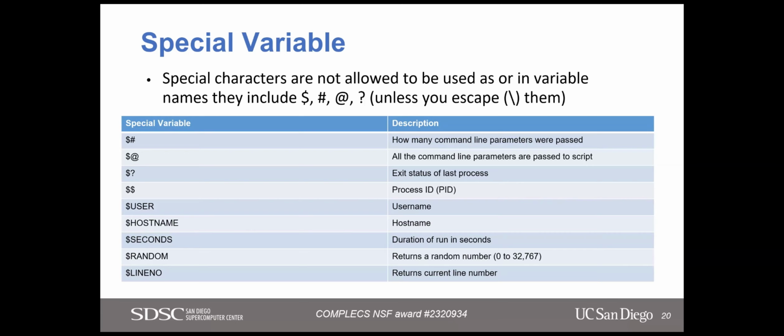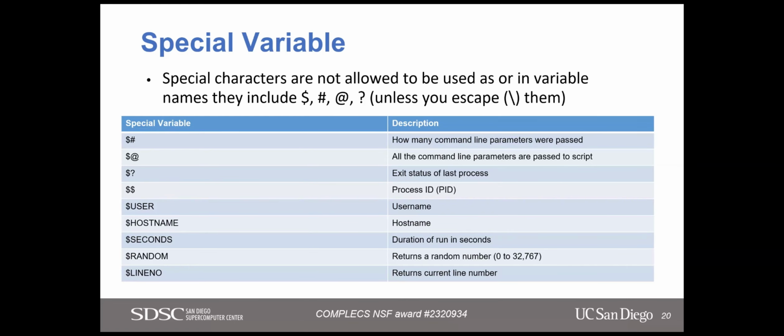This can be very helpful. The $@ will give you all the actual parameters that were passed to the script. So not only do you know how many were passed, but what exactly was passed. And the $? is the exit status of the last process. Again, a little bit of help in debugging.